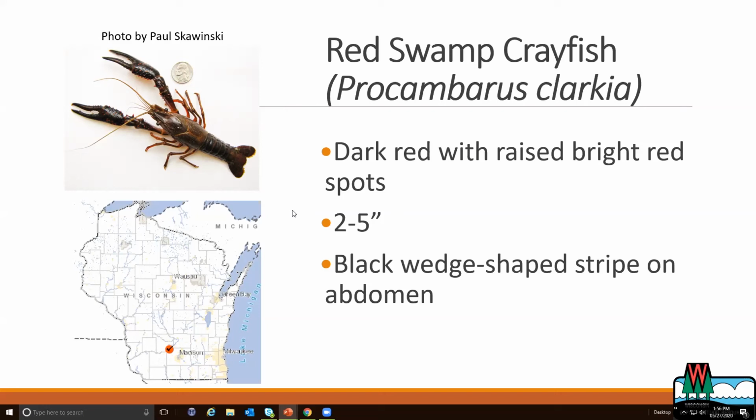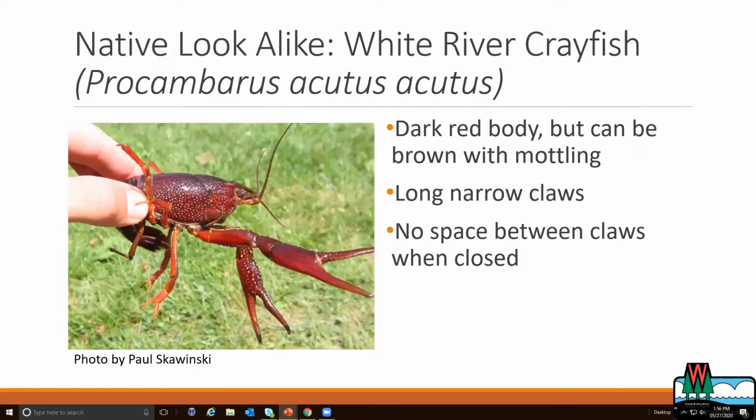So again, taking a look at the claws of the red swamp crayfish and looking at its native look-alike, the white river crayfish, which still has that distinctly bright red, dark red body, but can have more brown of a color. The white river crayfish has very long and narrow claws, and unlike the red swamp, when the claws are closed, there's no space between the top claw and the bottom claw.